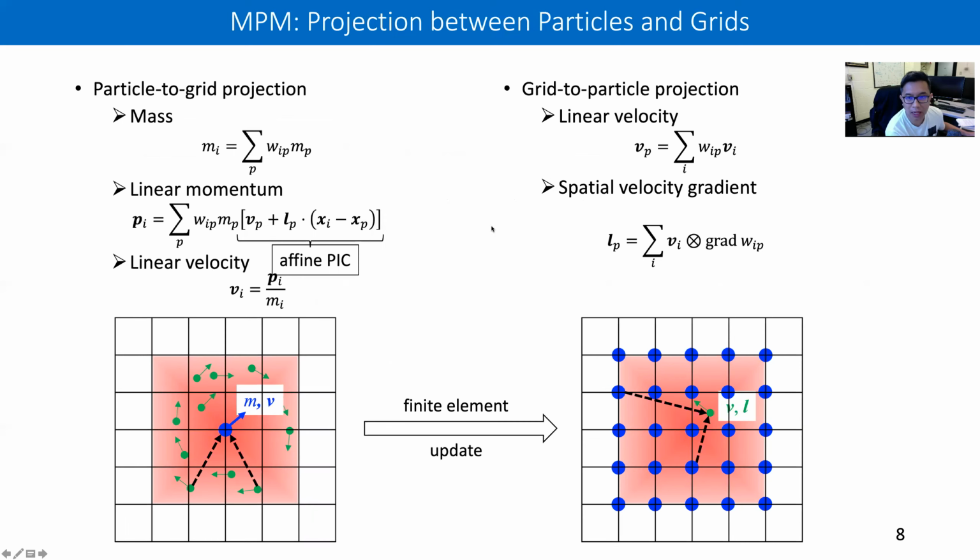I think a lot of the audience and the speaker are familiar with MPM, in particular, the requirement to project the physical property at the material point to the grid and from the grid to the particle. So just a quick review here. It is necessary that during the projections we preserve the momentum.